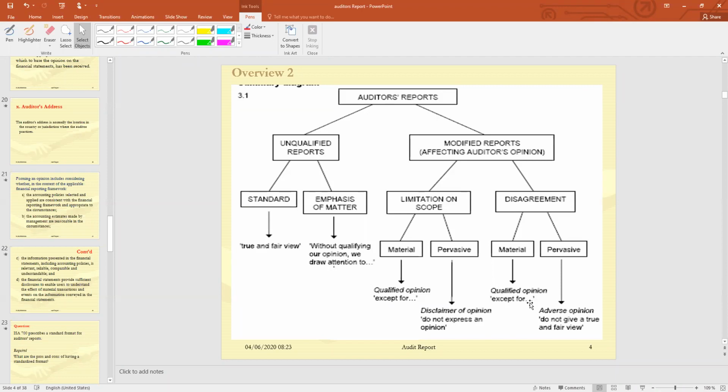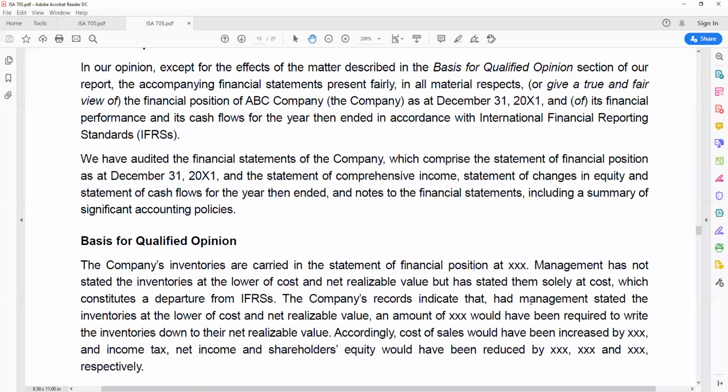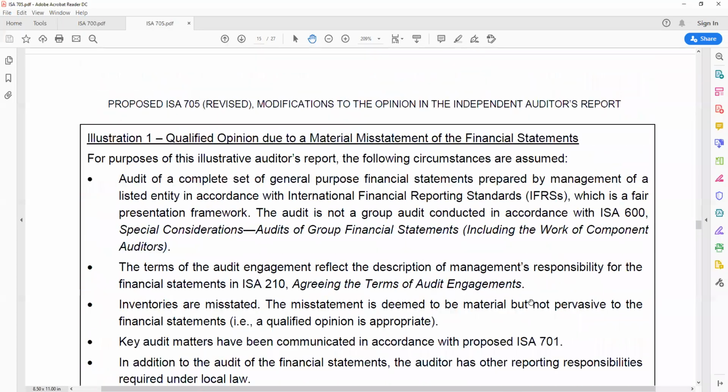Let me go back to ISA 705, where we define what we mean when we say that a matter is pervasive.